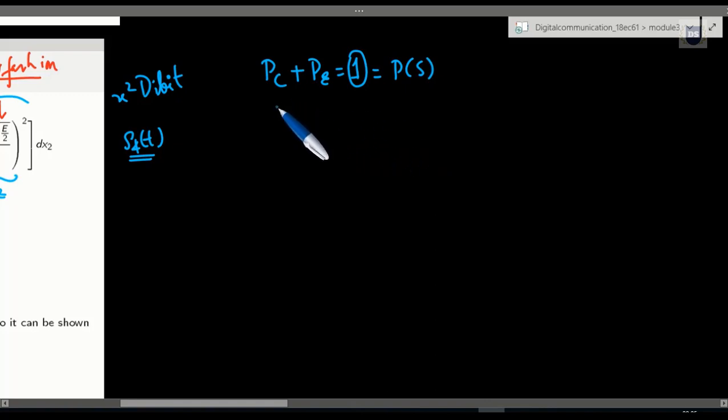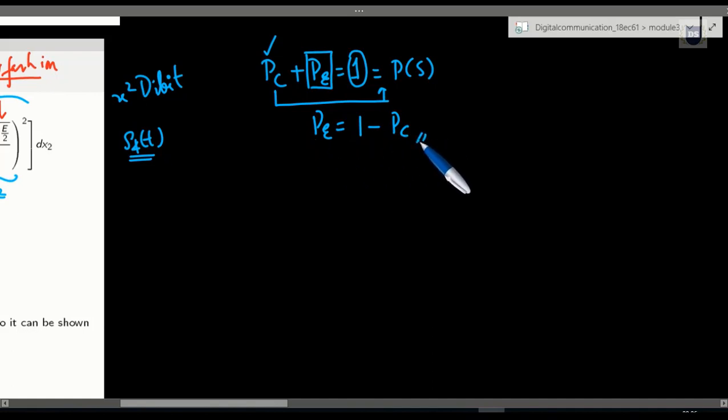In order to calculate the probability of error formula, all we have to do is move the probability of correct onto our right-hand side, such that we easily land on the probability of error formula as P of E equal to 1 minus PC.